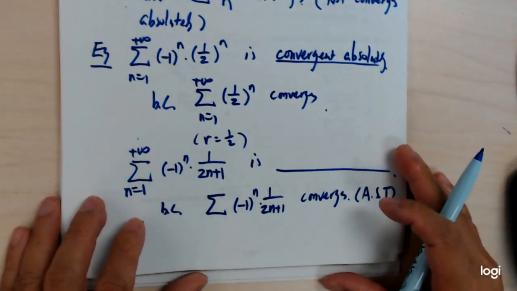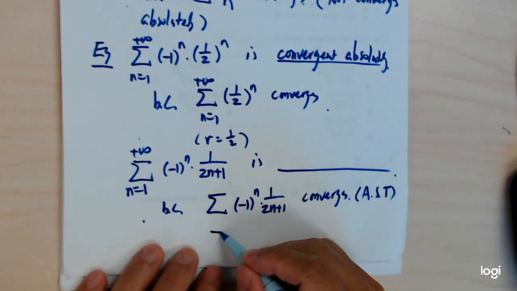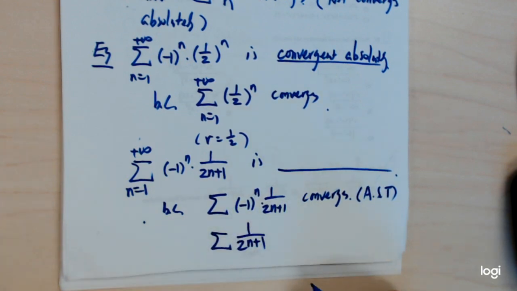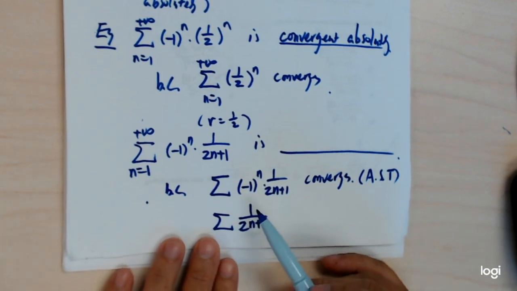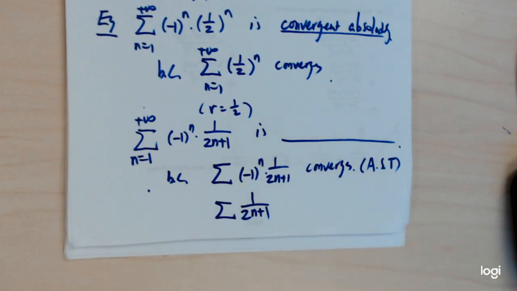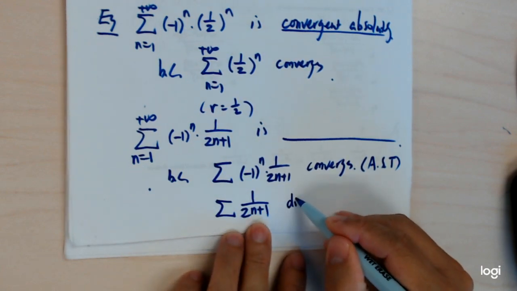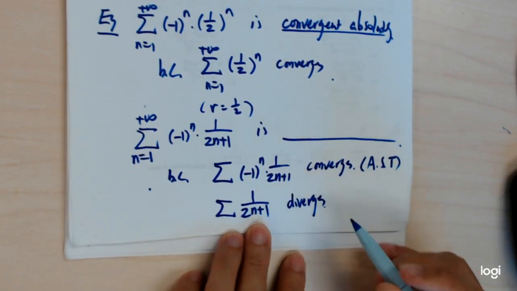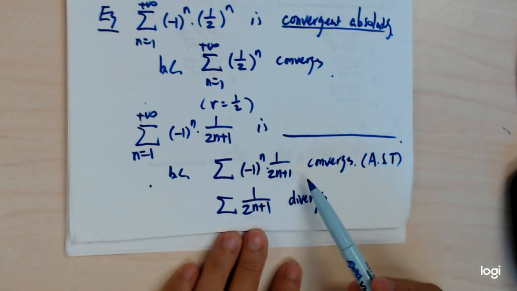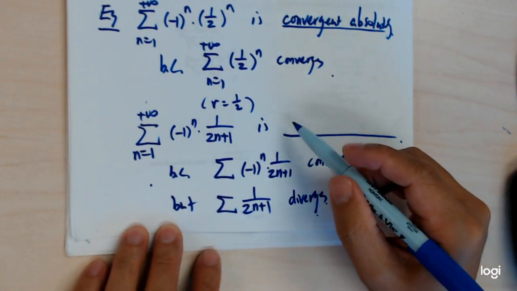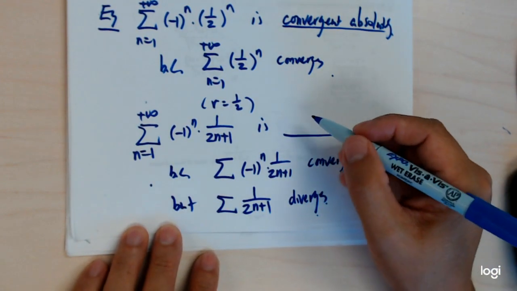And now let's take the absolute value. That's 1 over 2n plus 1. And then we can do a quick limit comparison test to find out this one actually diverges. So the series itself converges, but the absolute value series diverges. And that's why we call this one conditionally convergent.